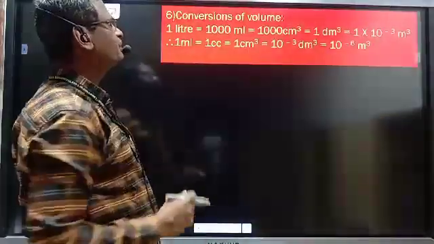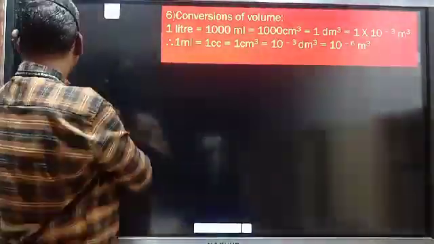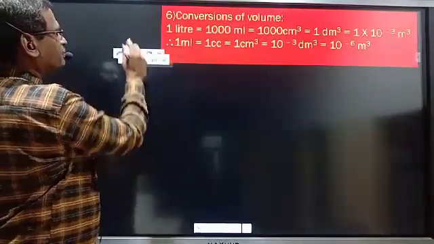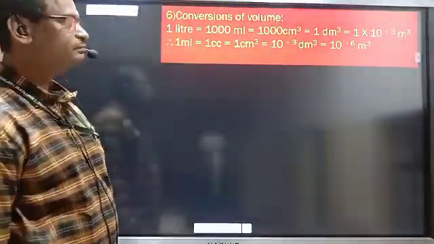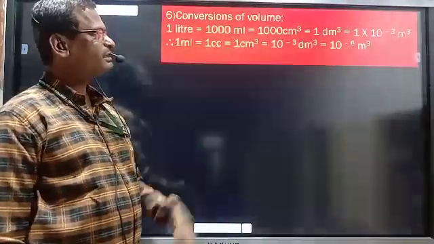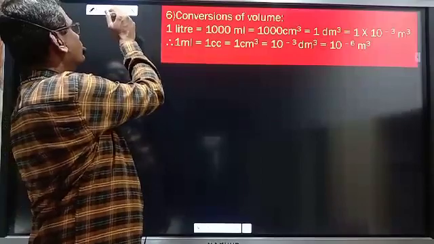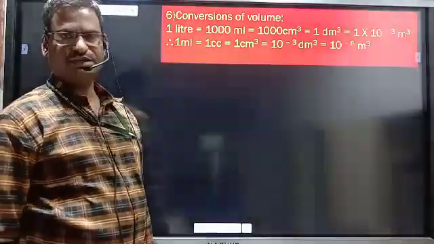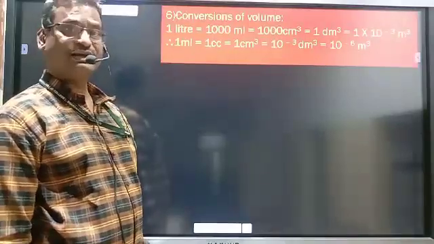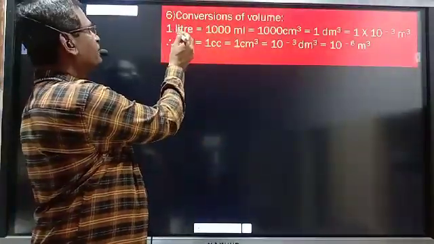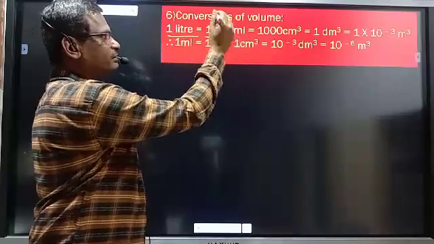Next, the last part from the units is nothing but the conversion of volume. This is very simple. You are studying the conversion of volume since your first standard. 1 liter is nothing but 1000 milliliter.